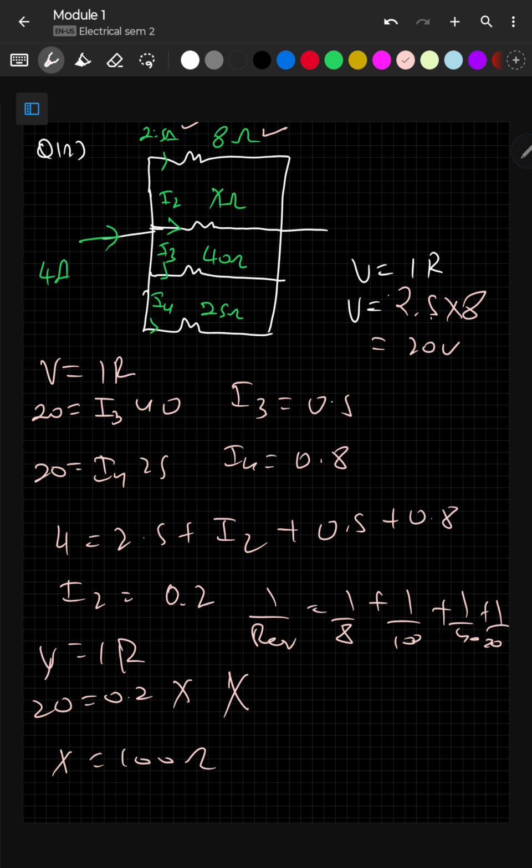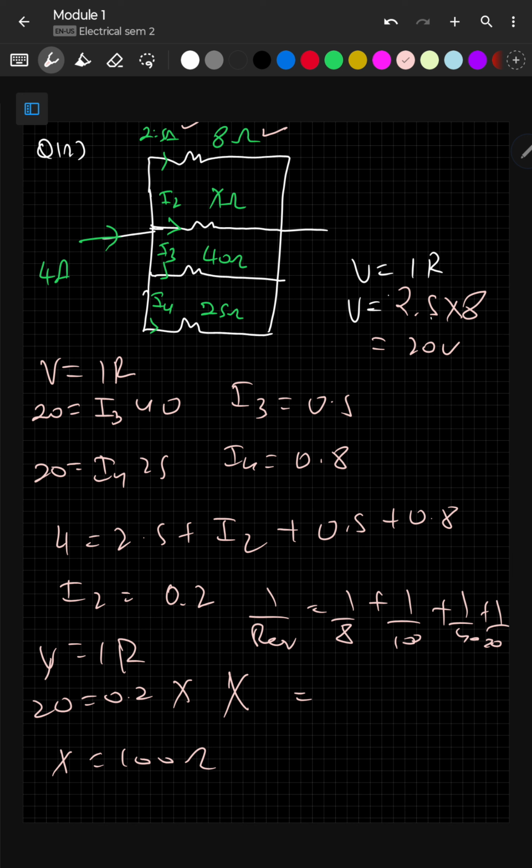So 1 by 8 plus 1 by 100 plus 1 by 40 plus 1 by 20. Guys, one second, I think I've made a mistake somewhere.